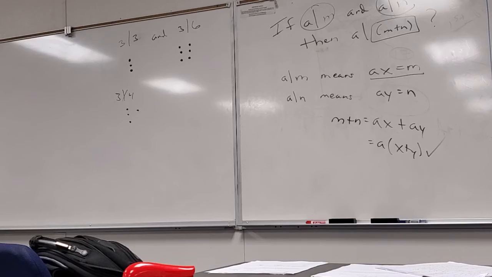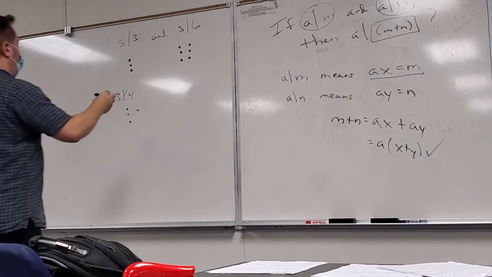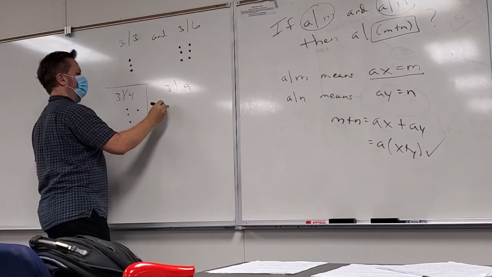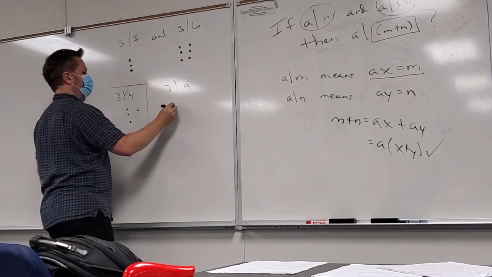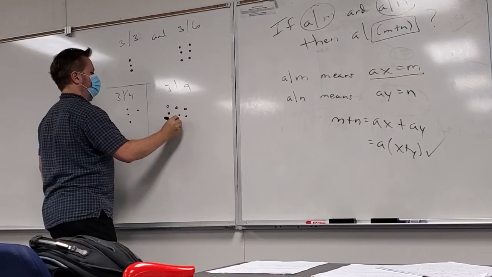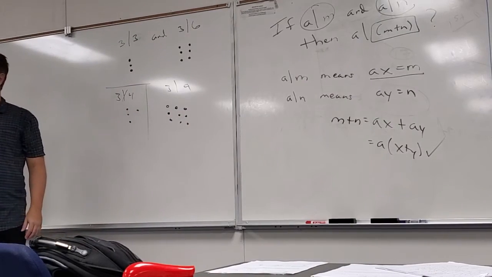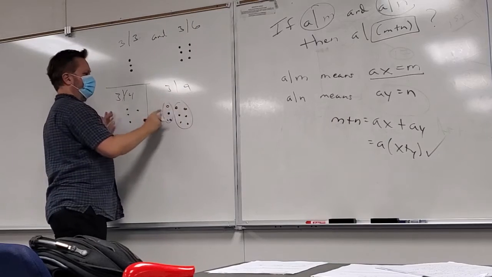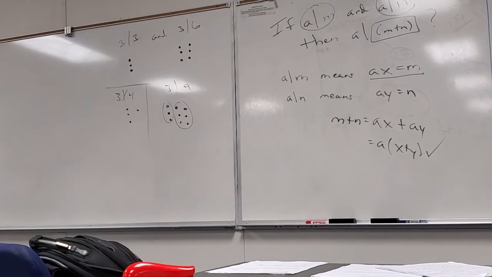What about 9? Does 3 go into 9? Yes, because I can put 3 groups of 3. There's 3 divides 3. There's 3 divides 6. And of course 3 divides 9 because I got 3 groups of 3. So it goes in 3 times. There's a visualization of that idea.